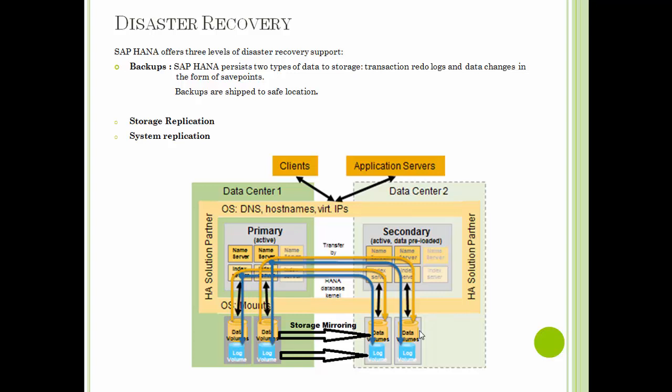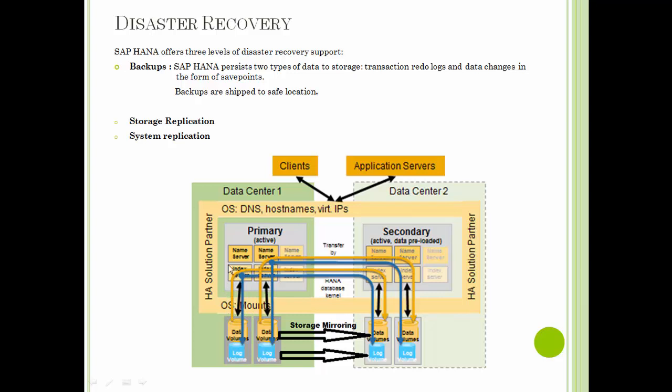Next, let us learn about the system replication solution. System replication is a solution which again offers continuous data and log shipping, that is continuous replication of persisted data. Here we transport delta data and log continuously at the database level and do not need features on the storage level.